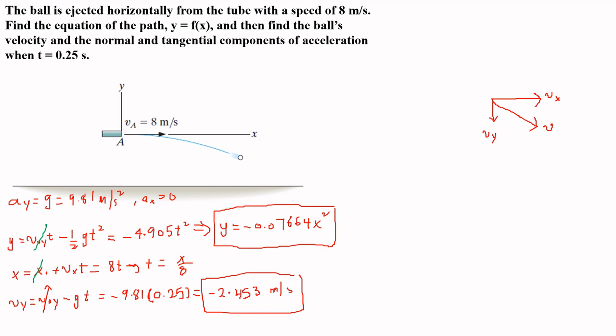So now since we have this velocity in the y, I can simply find the ball's velocity, which is what this question asks. They are really asking for the magnitude, so I want to find this one here. We can simply plug it into our formulas: v equals the square root of vx squared plus vy squared.